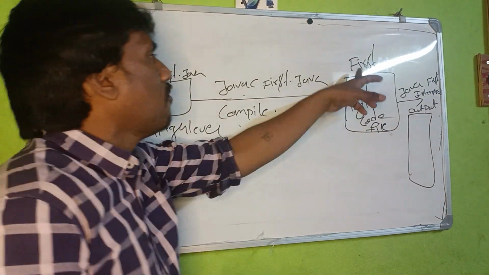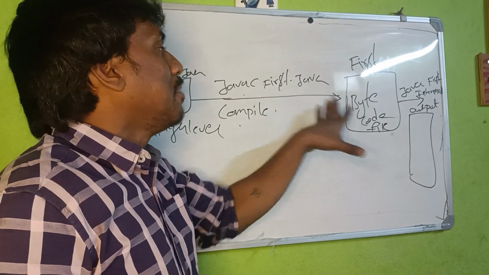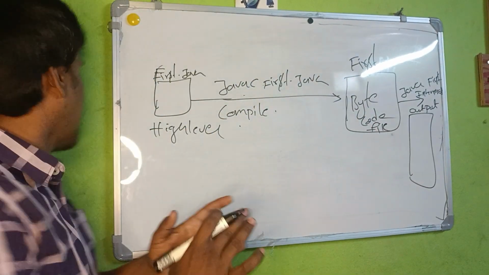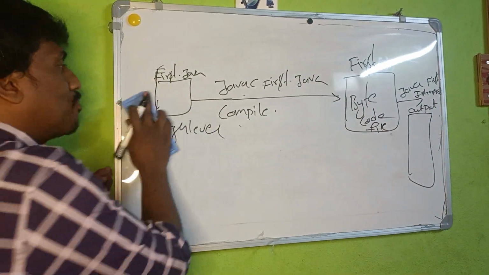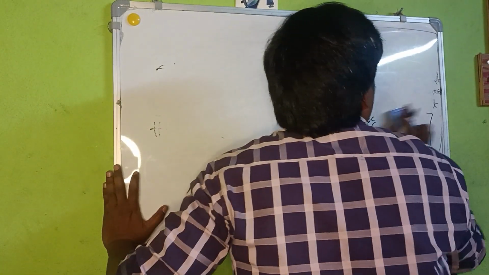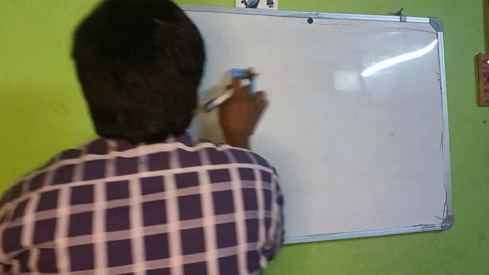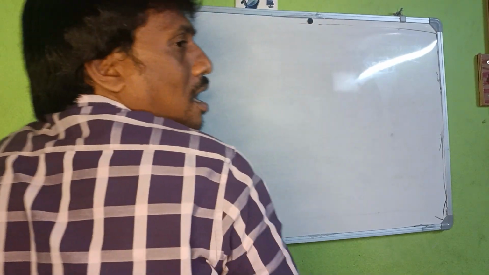Now we are supporting it. How will it support platform independence? Now I will show. See, very important concept. Platform independence is one of the biggest, important features of Java.